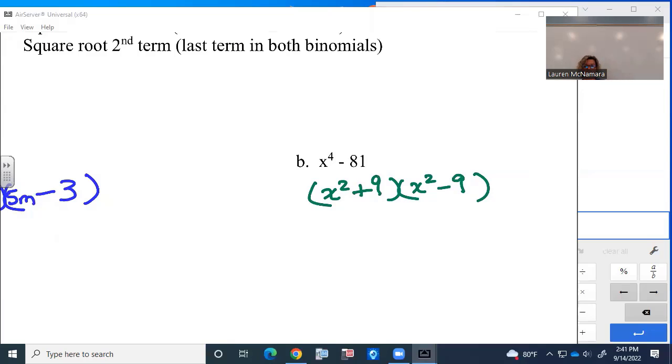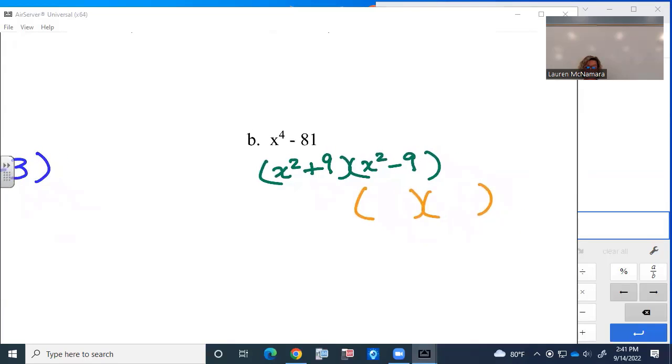Now I have a special case here. Here's a negative, so can I keep going? Is this a binomial? Do I have a perfect square minus a perfect square? Yes. So therefore, I do keep going here. This one is factorable. Binomial times binomial, opposite operations. Square root the first term, square root the last term.